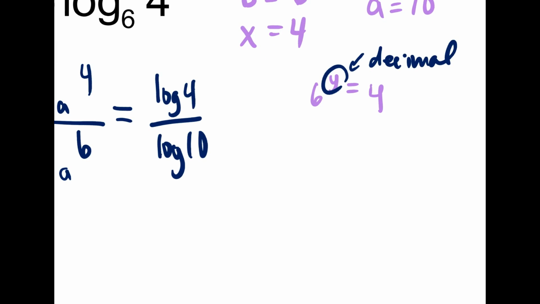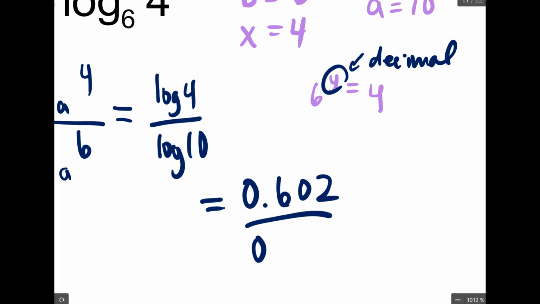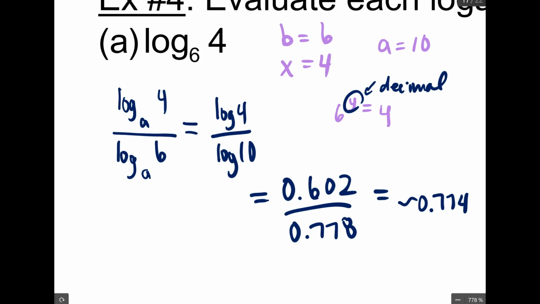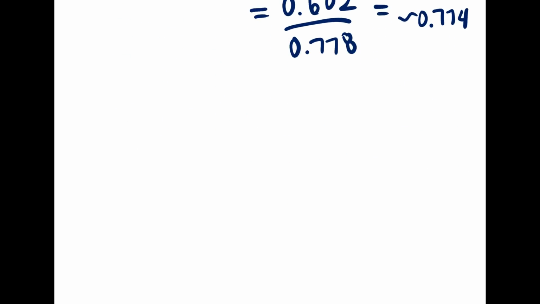Plug it into your calculator and you will find the following. 0.602 over 0.778 gives you a little ratio, and we find it's about equal to 0.774. Because your calculator has log base 10 built in, and that's relatively simple.